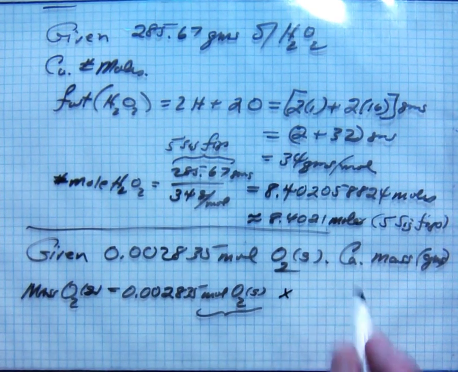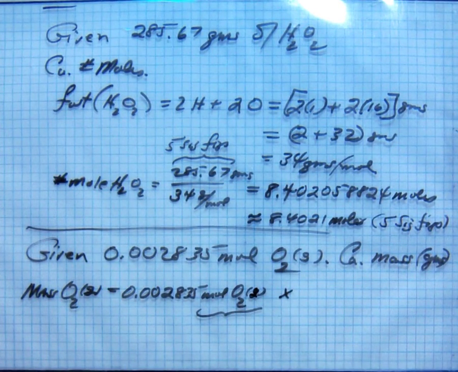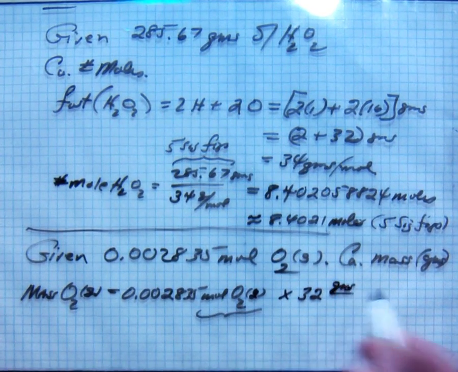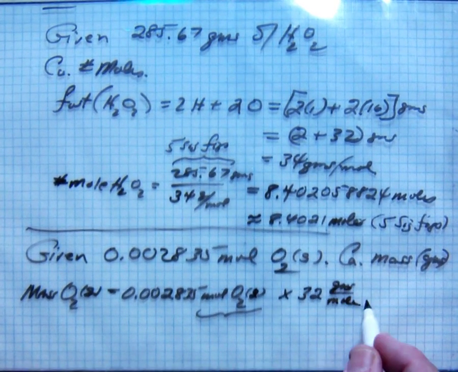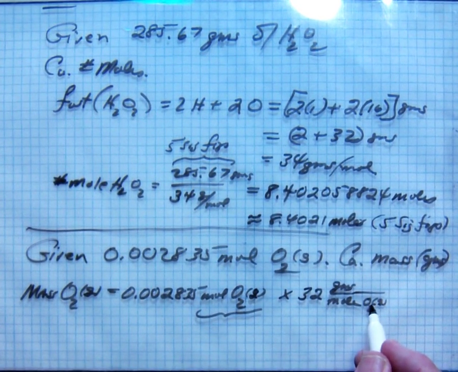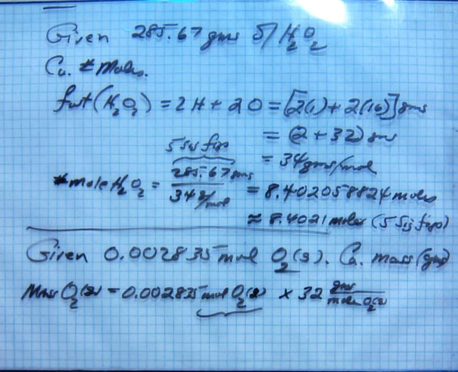Okay, times formula weight. Well, you're working with O2, not just oxygen, so it'd be 2 times 16 is 32. So it is 32 grams over moles O2 gas. See how I put the terminology out here and the symbology as well as grams and so forth, because you want the number to be identified with whatever you're trying to solve in the problem.